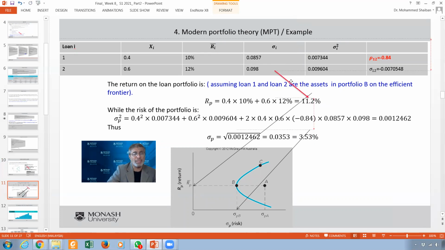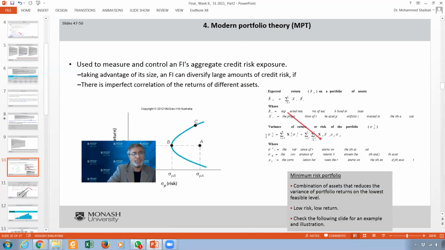This is the first variance, and this is the second variance. And this is actually the correlation, and this is the weight. So 2 times weight 1, weight 2, times the correlation times standard deviation 1, standard deviation 2, which is actually this formula.